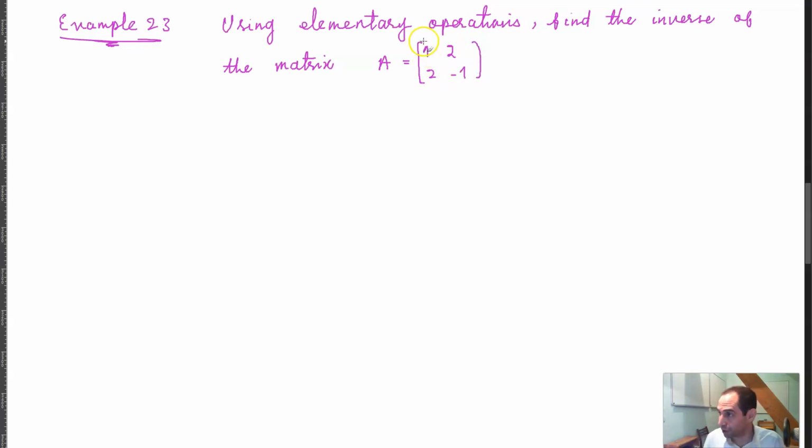So basically you can do this in two ways, of course, using row operations and using column operations.